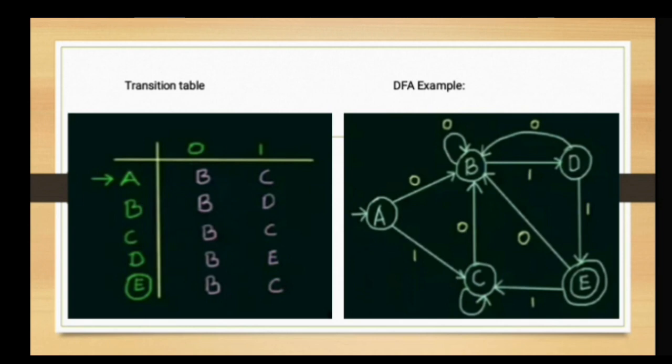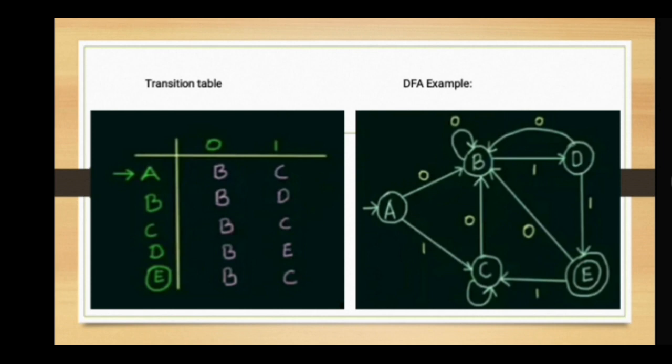After that, in order to minimize this DFA, step 1, we're going to start with 0 equivalence. So how to write the 0 equivalence? You have to divide the states into two sets, one for the non-final states and one for the final states.